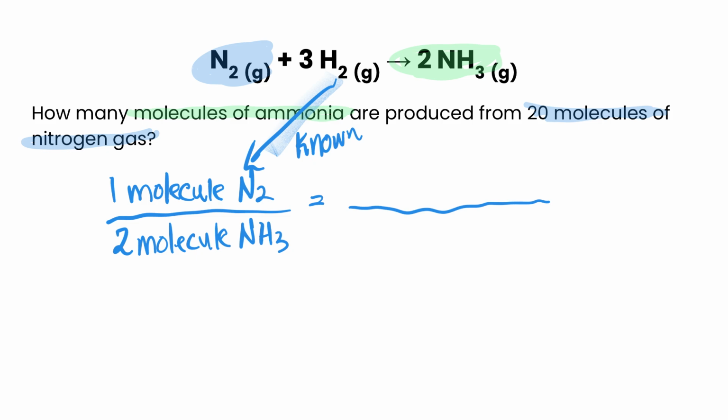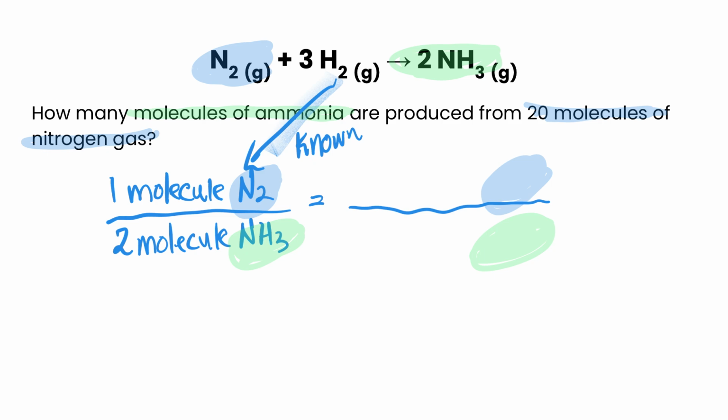So if I have nitrogen gas on the top in blue, it means I need nitrogen gas on top on this side too. And if I have ammonia on this side, on the bottom, I need to make sure ammonia is on the bottom here as well. So I'm going to color code those for myself just so that I know what I'm doing.